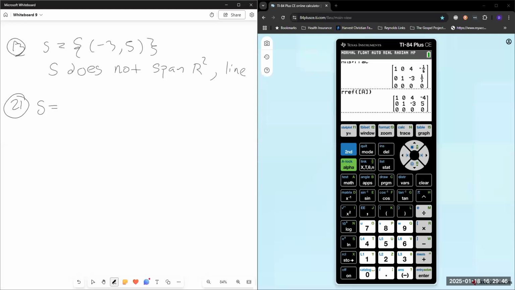Number 21. S equals, now we're going into 3 space instead of 2 space, so we're looking at R3. We have negative 2, 5, 0, 4, 6, 3. It looks underdetermined to me. I need to check to make sure. Oh, I know it is because I need a third column and it's going to give me a row of zeros.